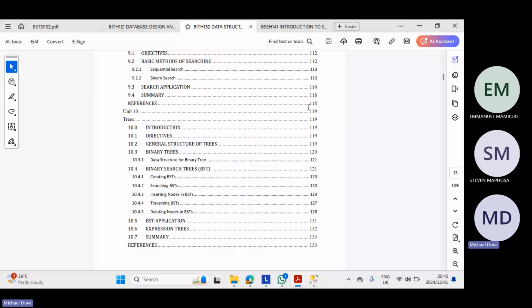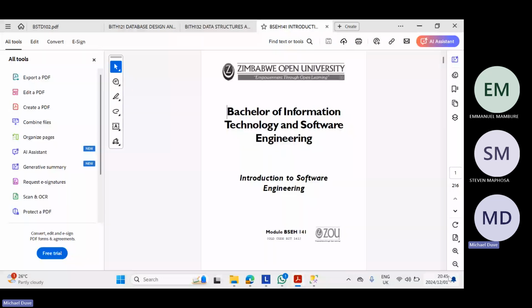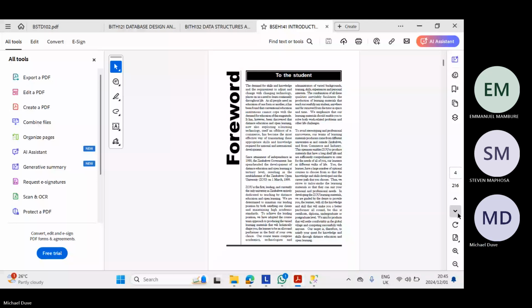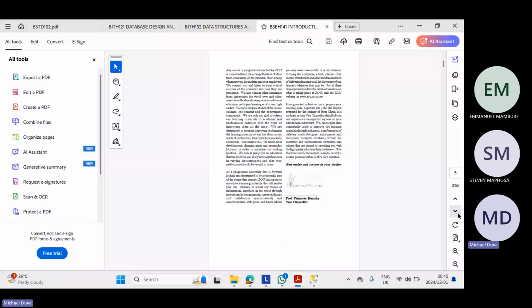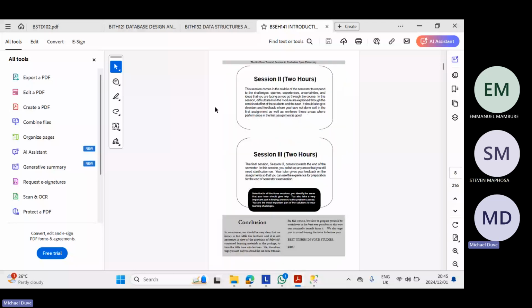Then you go into introduction to software engineering. In your understanding, what is an engineer? From a layman's point of view, someone who designs something.